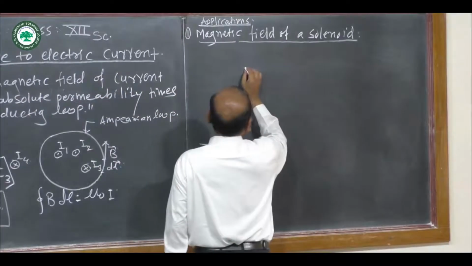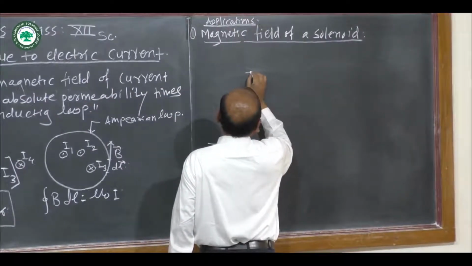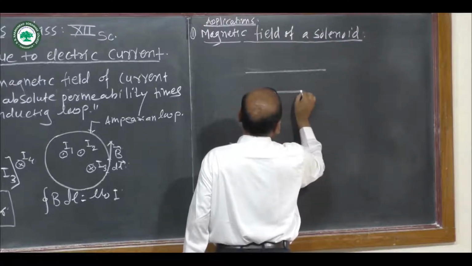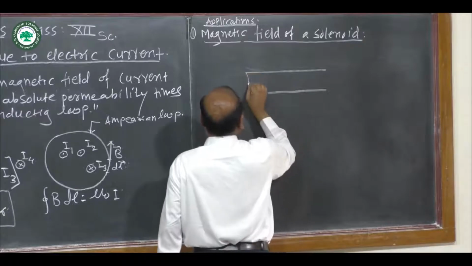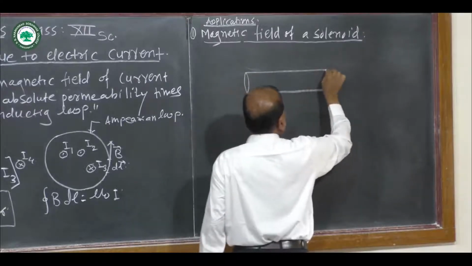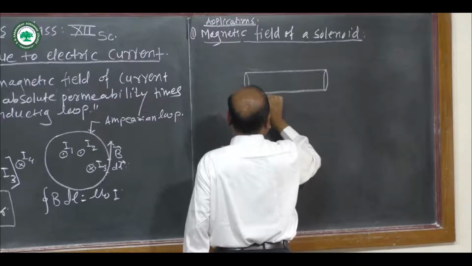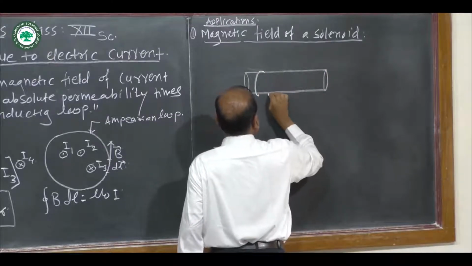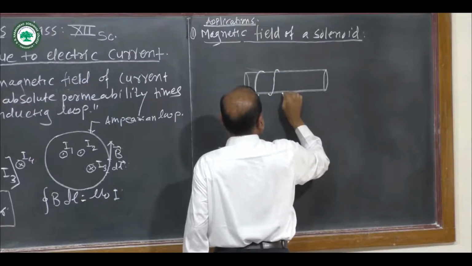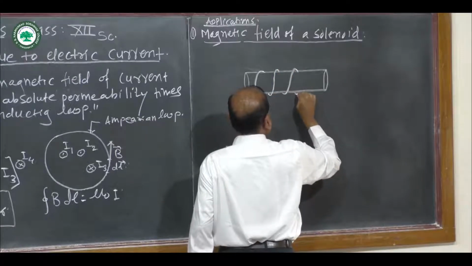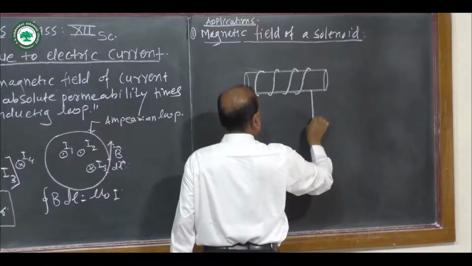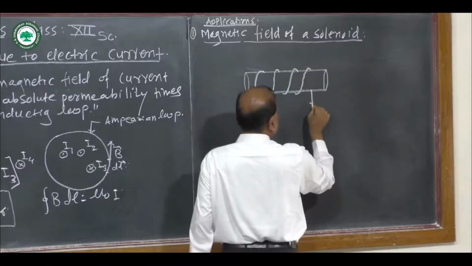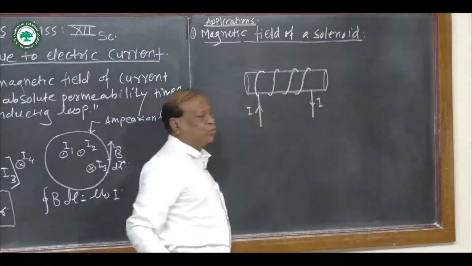A solenoid consists of some non-conducting solid rod. On that rod, a conducting wire is wound. Now current I will be flowing through it.